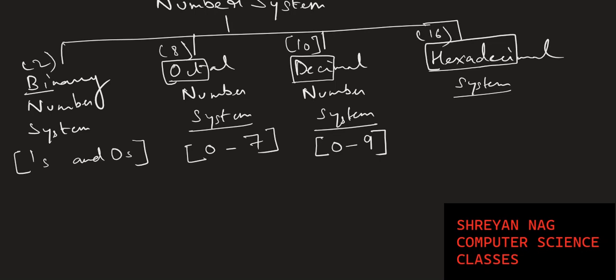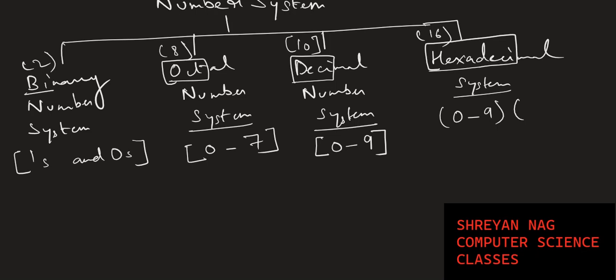So starting from 0 to 9 it becomes 10, and the remaining 6 numbers cannot be directly represented using the digits 0 to 9. So it has to be different.